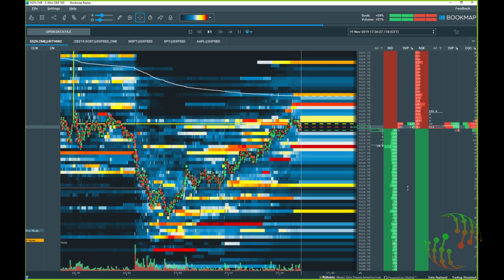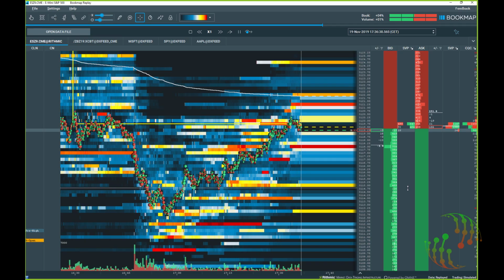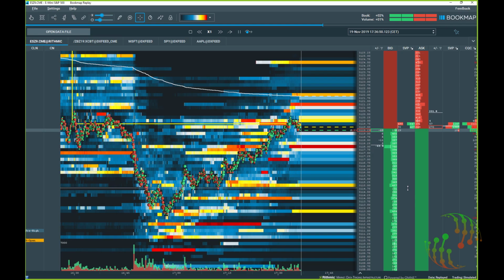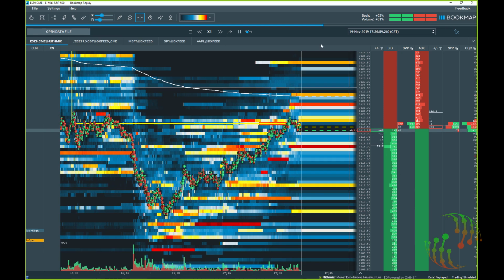You see an innocent market at the moment. Nothing unusual. Liquidity is coming up at 24.